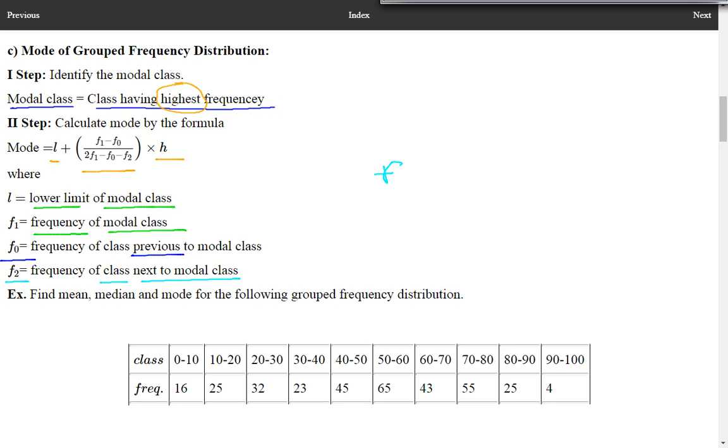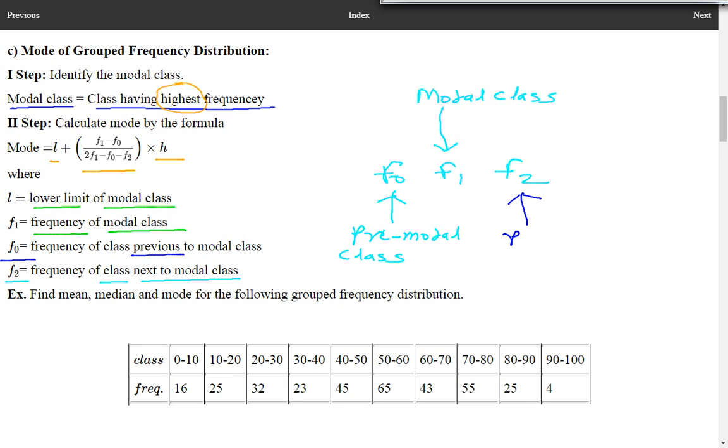So thus f0, f1 and f2 we have. f1 corresponds to frequency of modal class, f0 corresponds to frequency of pre-modal class, and f2 denotes frequency of post-modal class.